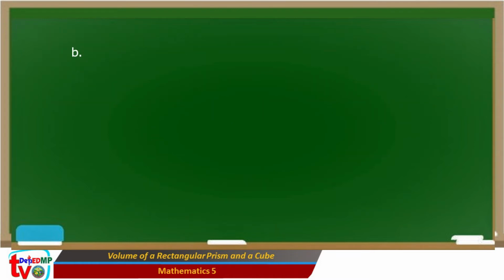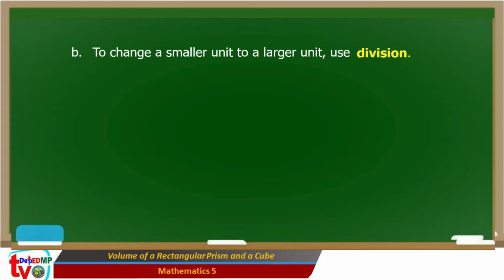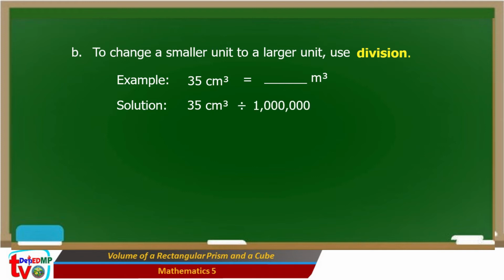Next, to change a smaller unit to a larger unit, use division. Example, 35 cubic centimeters equals blank cubic meter. Solution, 35 cubic centimeters divided by 1 million equals 0.000035 cubic meter or 35 millionths cubic meter.